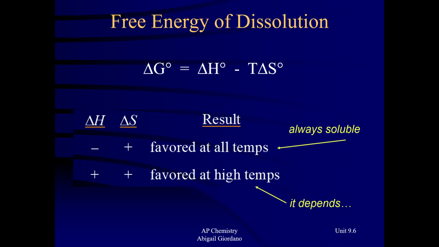Can you have salts that will dissolve with positive delta H and positive delta S? Yes. If you have the temperature high enough, you can get maybe some of it to dissolve. So it depends. But the take-home message here is that, just like any other chemical reaction or physical process, whether a solute dissolves, yes or no, is dependent upon the sign of delta G.